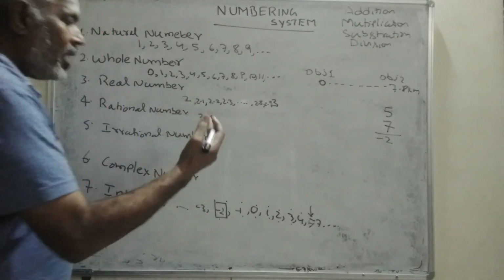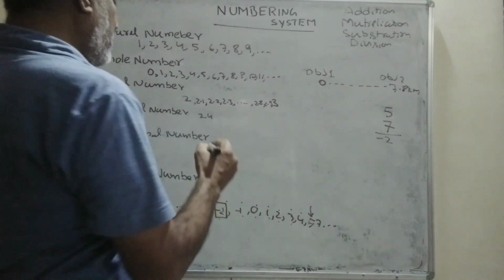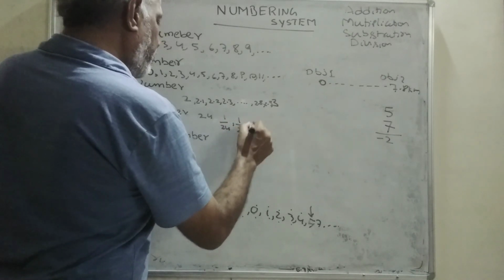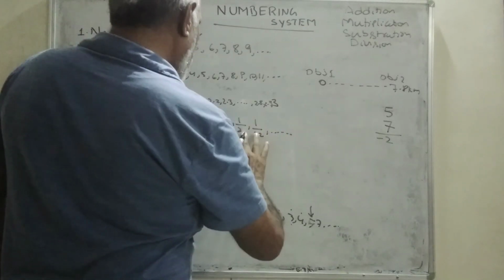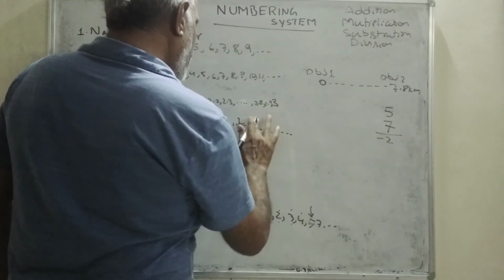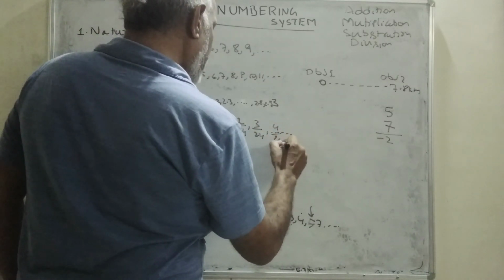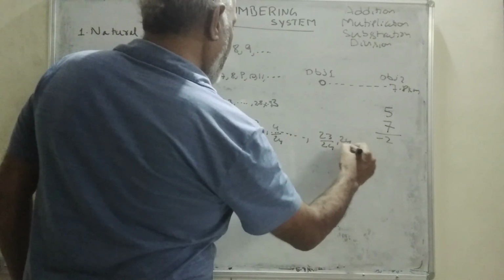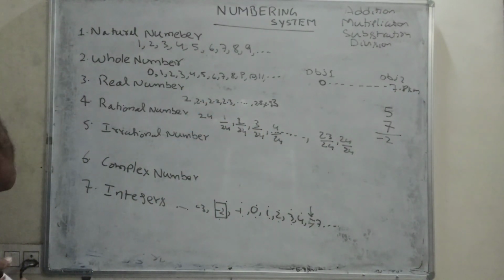Based upon this 24, we can have 24 rational numbers, like 1 by 24, 2 by 24, 3 by 24, 4 by 24, like that, 23 by 24, 24 by 24. So any number can be expressed in the form of a rational number.